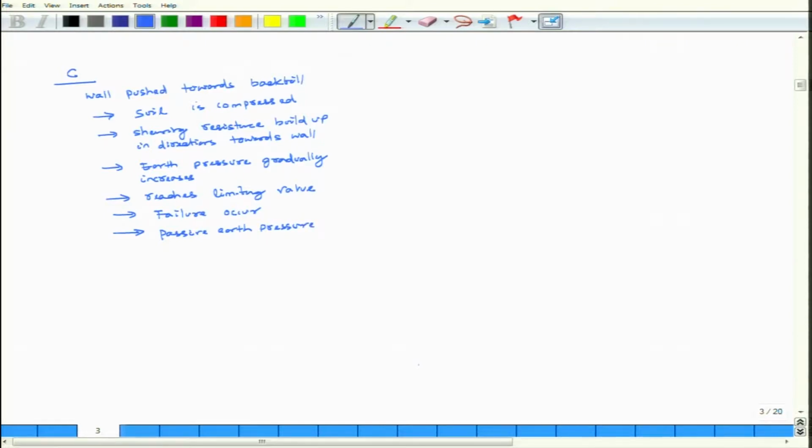If I draw how it looks in a very simple way, this is my lateral earth pressure.